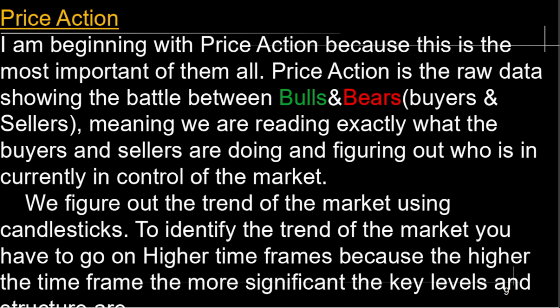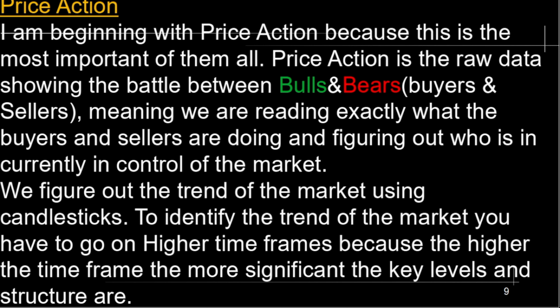Meaning, we are reading exactly what the buyers and sellers are doing and figuring out who is currently in control of the market. This is what price action is. It's about reading the price and figuring out who is currently in control of the market. Is it the bulls or is it the bears? We figure out the trend of the market using candlesticks. This is how we figure out the trend of the market.